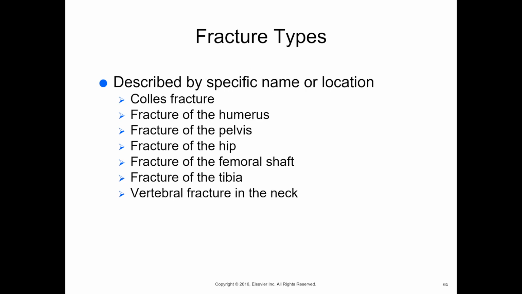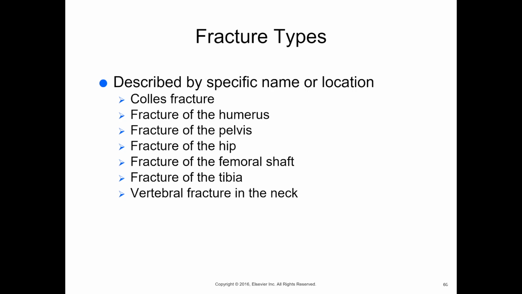Next, fractures. So fractures can happen anywhere on the body. Common types are what we're going to go through here. There's all kinds of different ways to describe them. Like there's a Colles fracture. Colles fracture is a named fracture. So it's a fracture of the distal radius with posterior angulation of the radius.